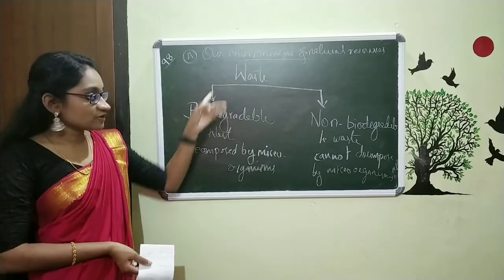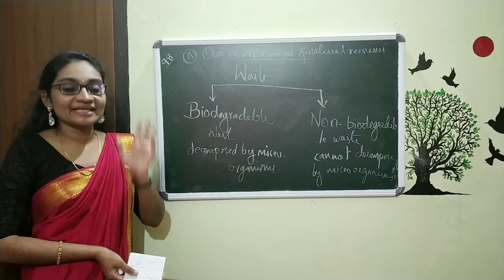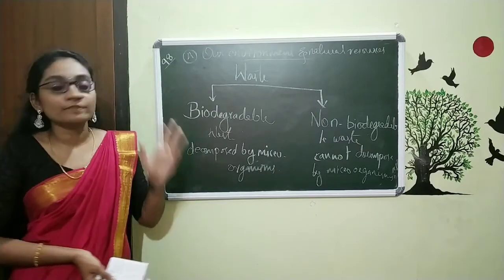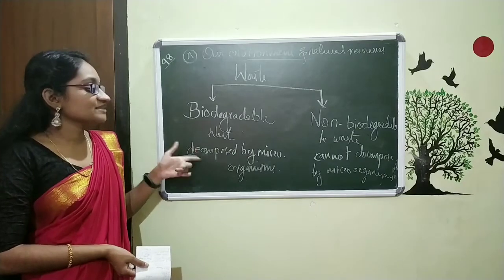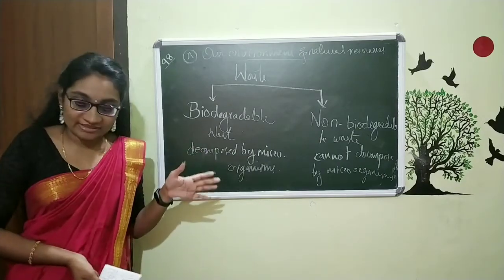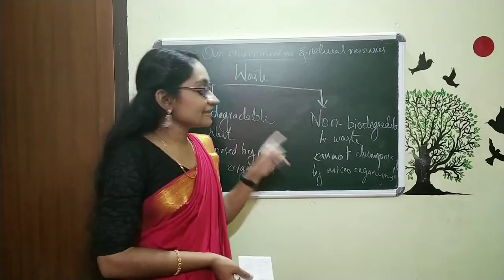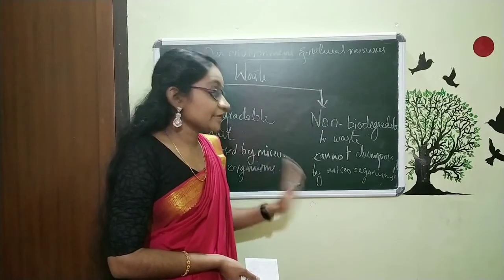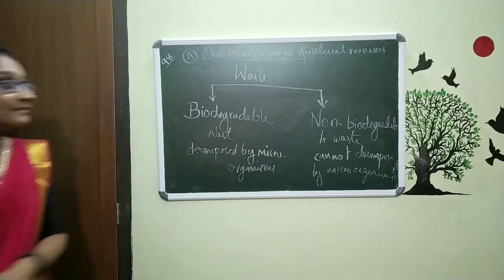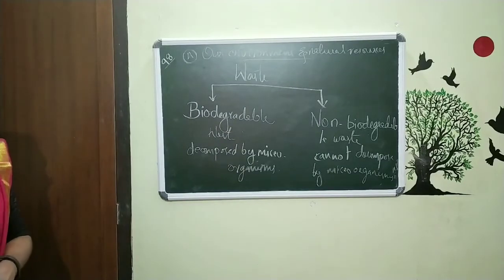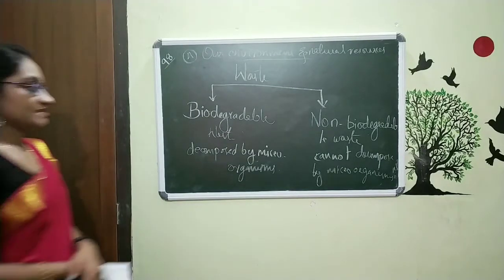So, two types of waste are there: biodegradable waste and non-biodegradable waste. Biodegradable waste is the waste which is decomposed by microorganisms, and non-biodegradable waste is the waste which cannot be decomposed by microorganisms. Now, we want to remember the examples for biodegradable and non-biodegradable waste.